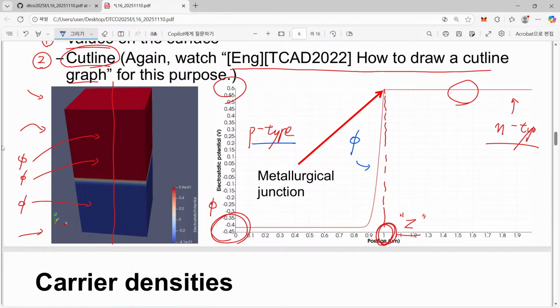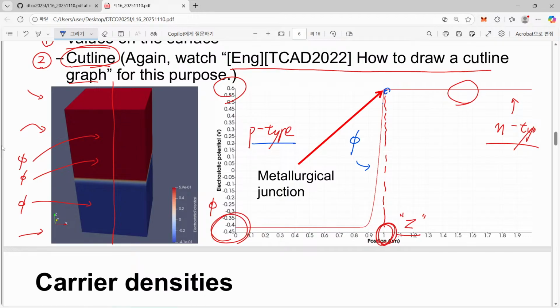There is no potential change in the n-type region because this is just a one-sided junction, n plus p junction. Although we have small differences here, it is not visible at all.